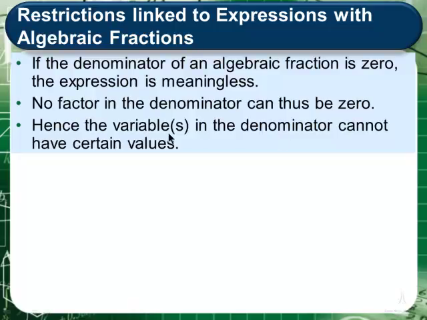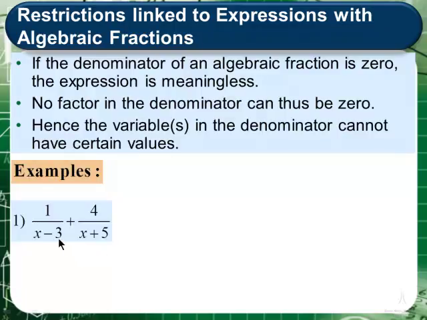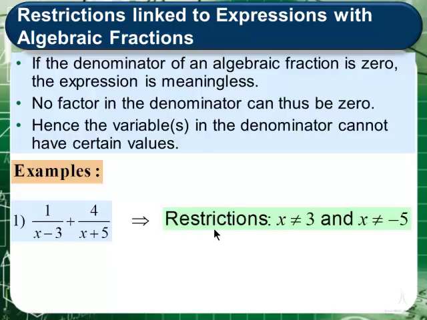Hence, the variable or variables in the denominator position cannot have certain values, as we will demonstrate with the following examples. Let us first of all consider the algebraic expression, which consists of two terms in this case, two algebraic fractions. In this case, it's clear that the restrictions for the variable x, or the unknown x, will be that x cannot be equal to 3 and also x cannot be equal to minus 5.